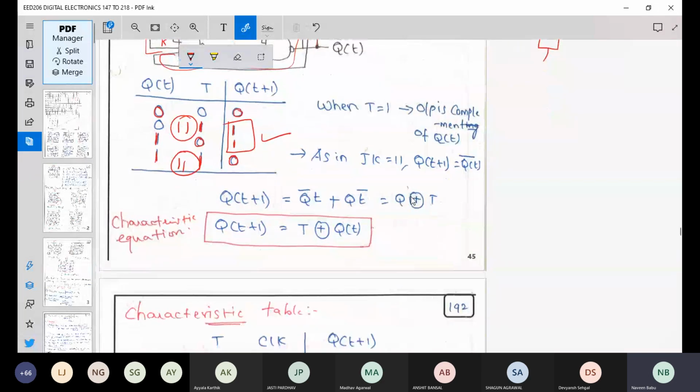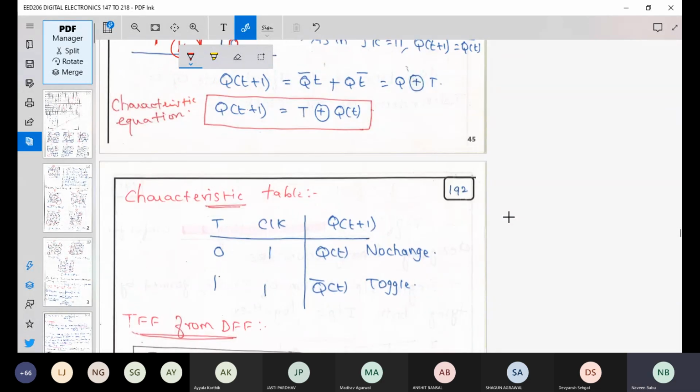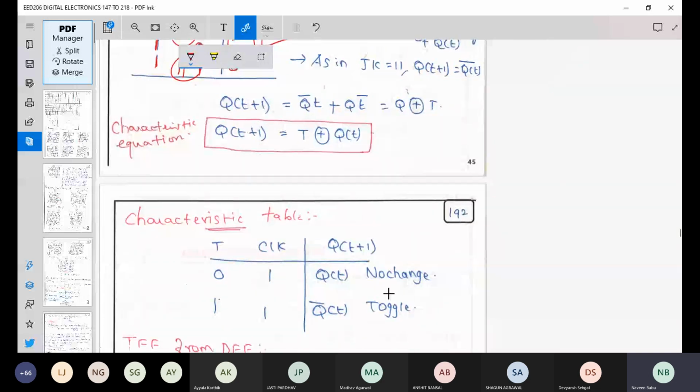Now the characteristic table, we are doing it in reverse if you look, right? First the state table, then the characteristic equation, and then the characteristic table. So for your T flip-flop, assuming that your clock is 1 here, your next state will be represented in terms of the present state Q of T. Whenever your toggle input is 0, there will be no change in your next state.